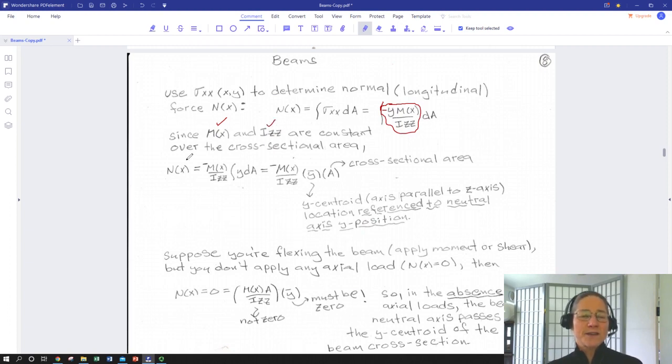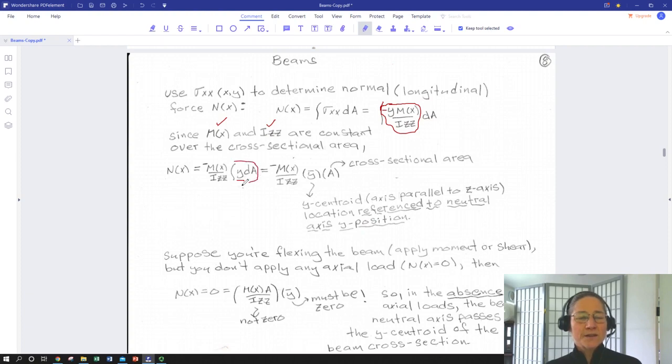So we can pull those out of the integral. So we can say the normal force or axial force at any given x location is going to be negative the moment at that location, the internal moment, divided by the moment of inertia, times the integral of y, which is, again, defined back in our Flexure formula, the distance from the neutral axis to some point of interest, with respect to area over the cross section.